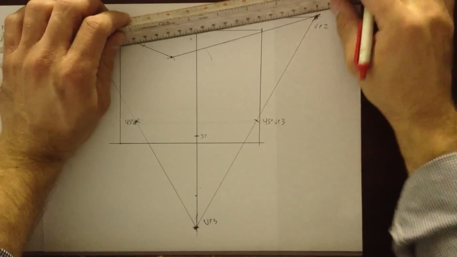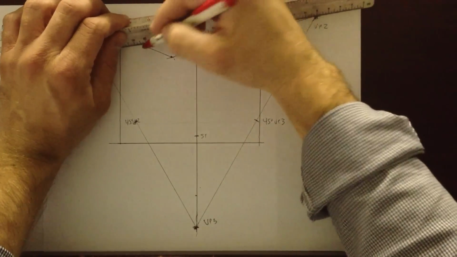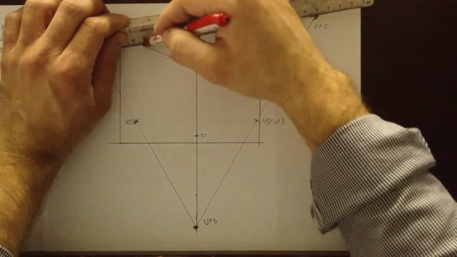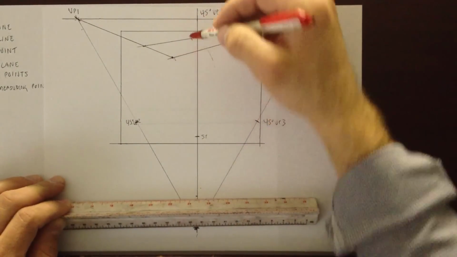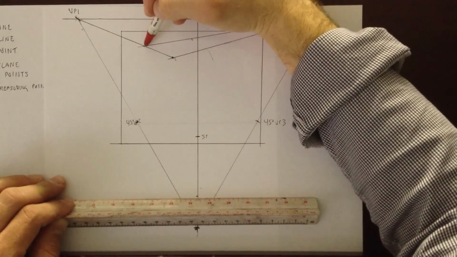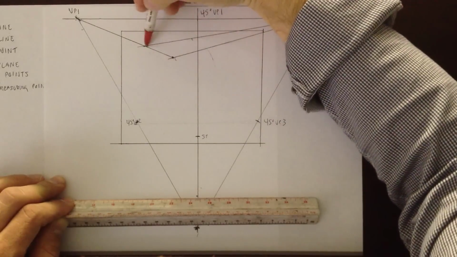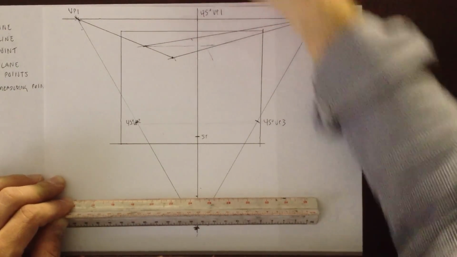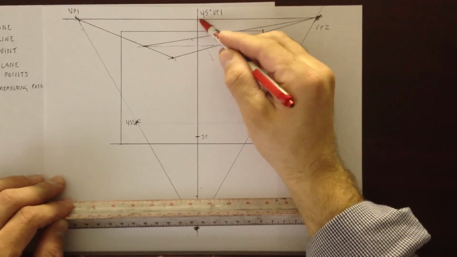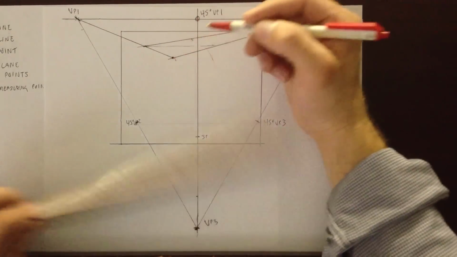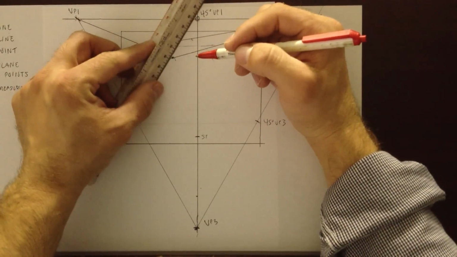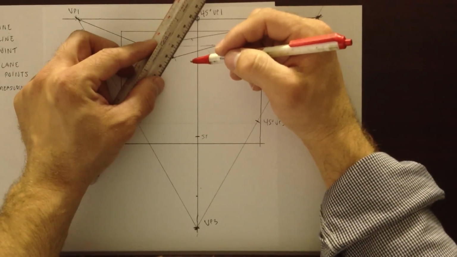What you're going to do is take that depth, run that back to one of the vanishing points, and then you can do this one of 2 ways. You either run a horizontal line from here over to here, or what's probably better is to use this 45-degree vanishing point and run that from the front corner of the top square to the 45-degree vanishing point.